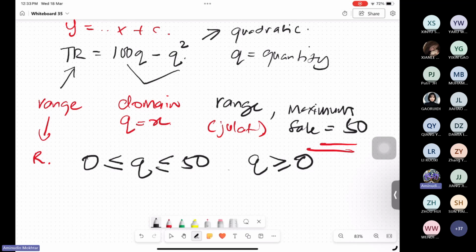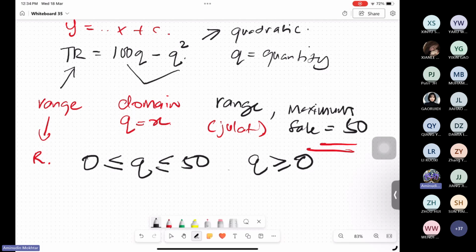Q is never negative. Q is quantity sold or quantity produced. So the value of Q is between 0 and 50.